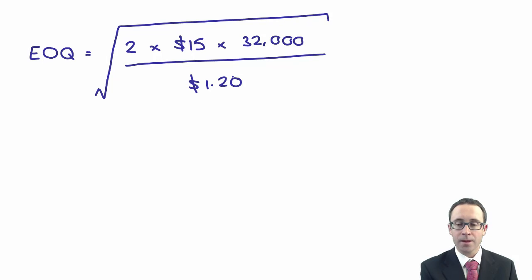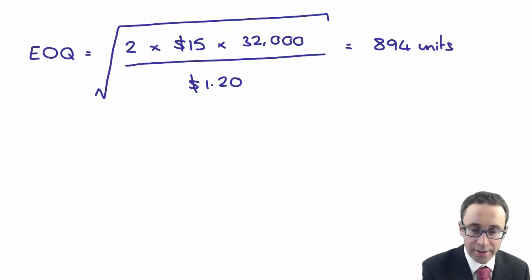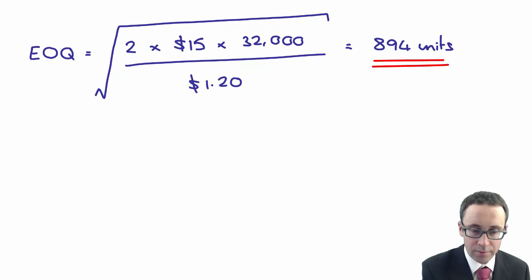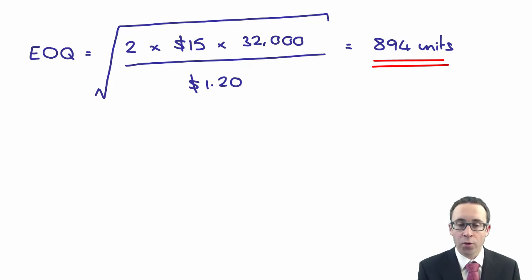If you tap that into your calculator, you should get 894 units. You're rounding to a whole number. Don't round it up; always round it down in terms of your number of units, or follow what it says specifically within the question. So that's your economic order quantity.